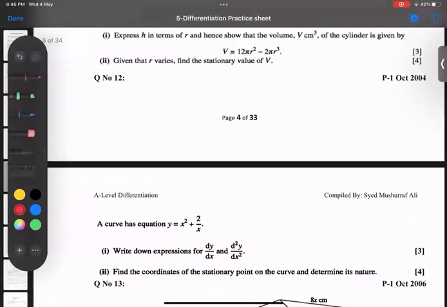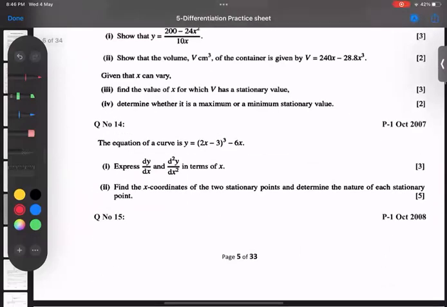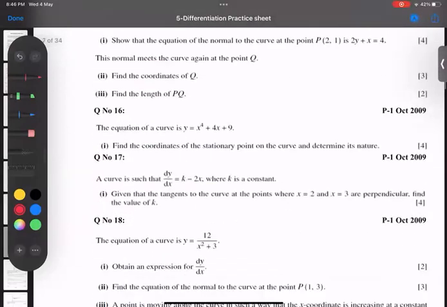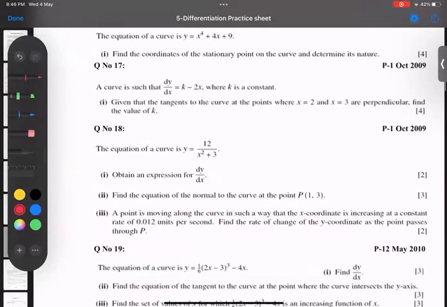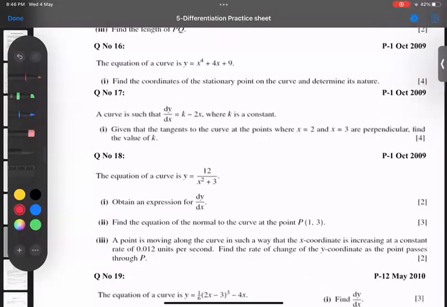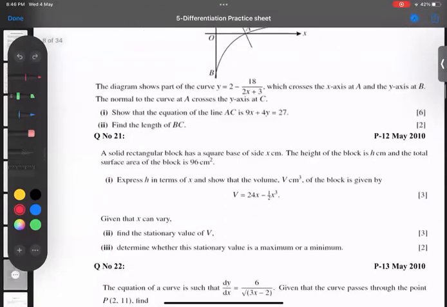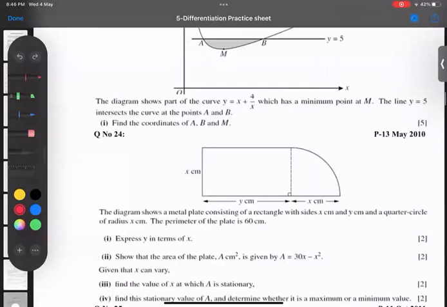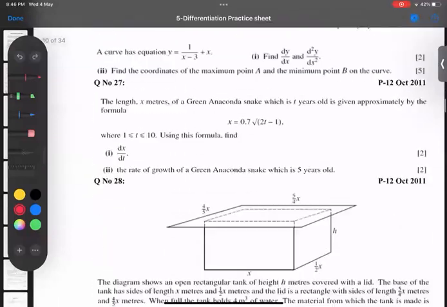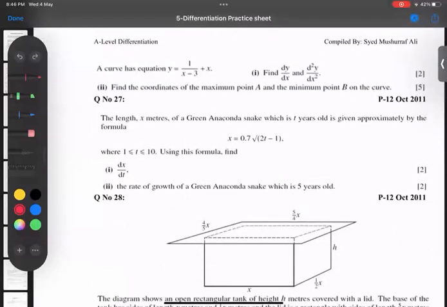Okay, so let's see. There are many questions available here, but let me try. For example, this question is almost the same. We can say this is part number 2. So almost the same story, so let me try some other question. Rate of change.